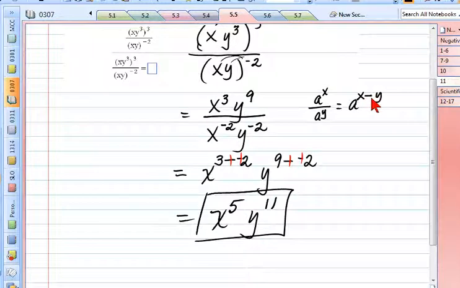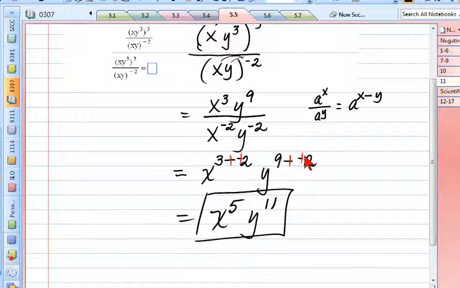But in my problem, I have x to the third over x to the negative 2. It's 3 subtract negative 2. Minus minus means plus. 9 minus, because it's quotient rule, negative 2, minus minus means plus.